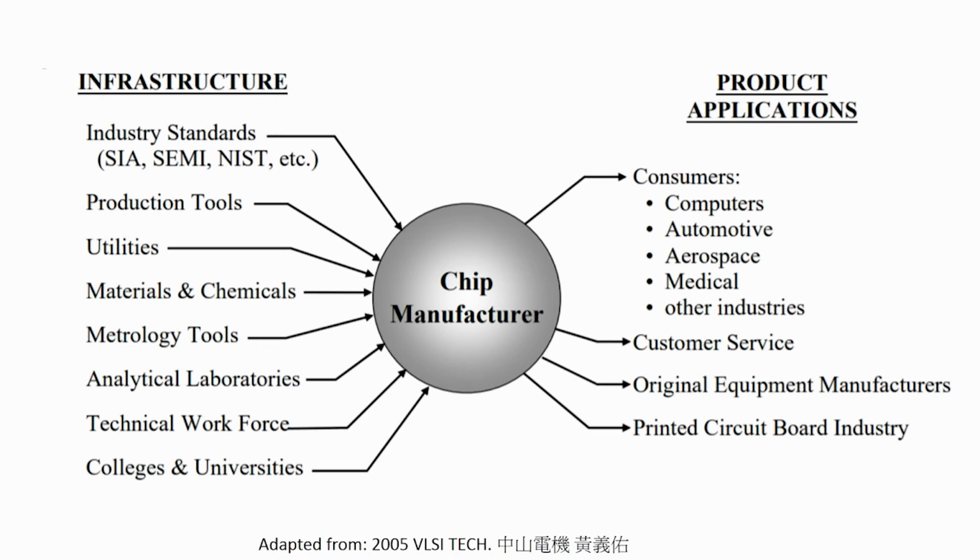So, it can help for technical workforce, metrology tools, materials, chemicals, utilities, production tools, and industry standards, SEMI, NIST, SIA, etc. So, chip manufacturing is a broad area, associated with a lot of things, not only infrastructure, but also product applications.